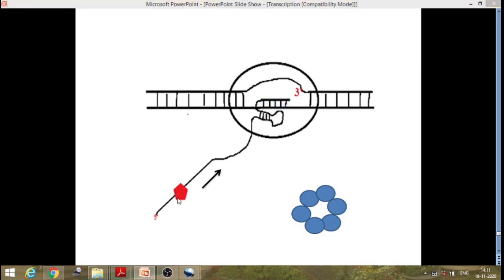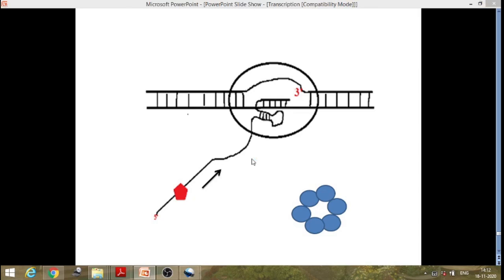So the rho protein binds to the RNA transcript and moves towards the 3' end, and as it moves along the RNA transcript, it breaks the complementary bonding. It disrupts the stem loop structure, and when it reaches the DNA RNA hybrid, it also breaks the bond between the DNA RNA hybrid, thereby releasing the RNA transcript from the transcription complex.